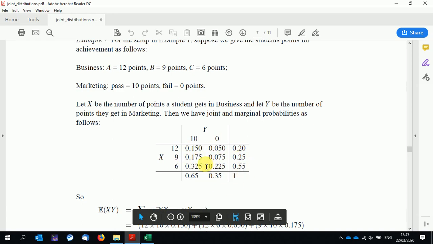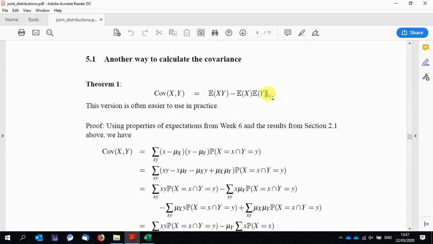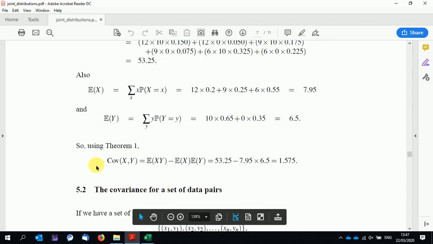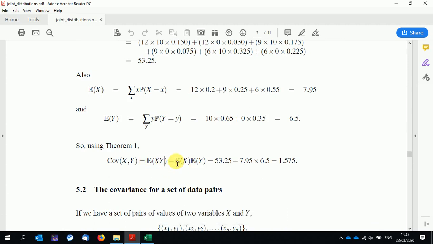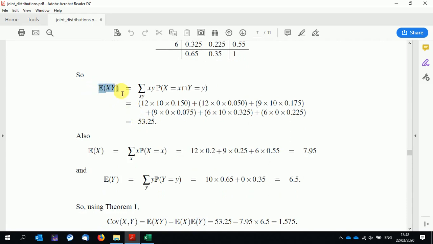So what we want to do is to find the covariance using this formula here, right? I think it should be mentioned. There you go. And to find the covariance, you need the expectation of xy, so x times y. You need the value for expectation of x, and you need the value for expectation of y. So let's start with expectation of x and y.